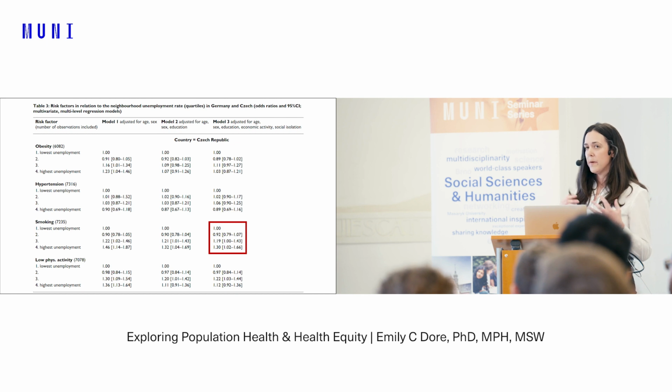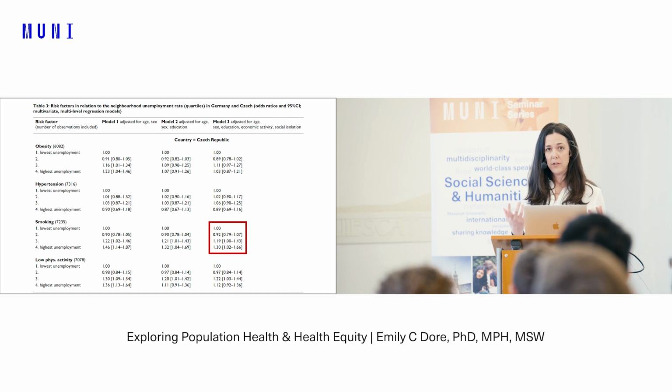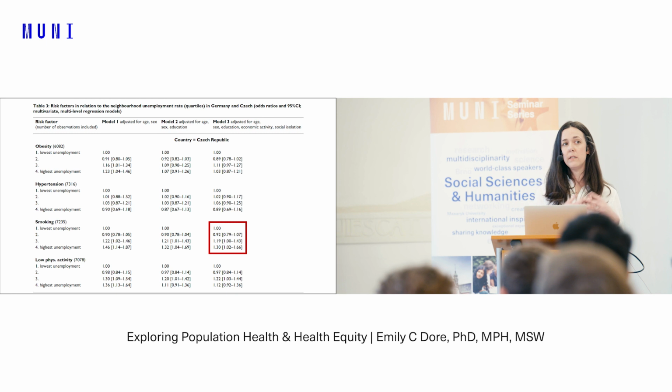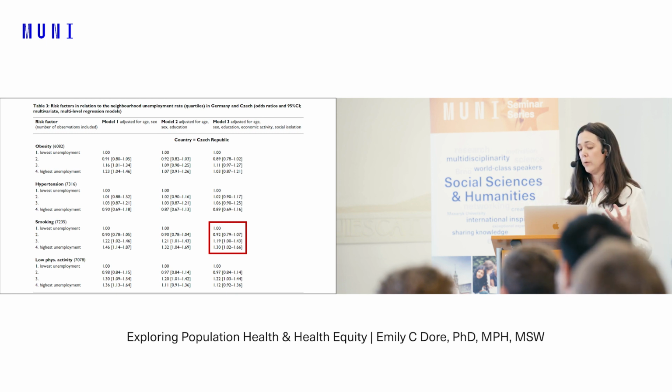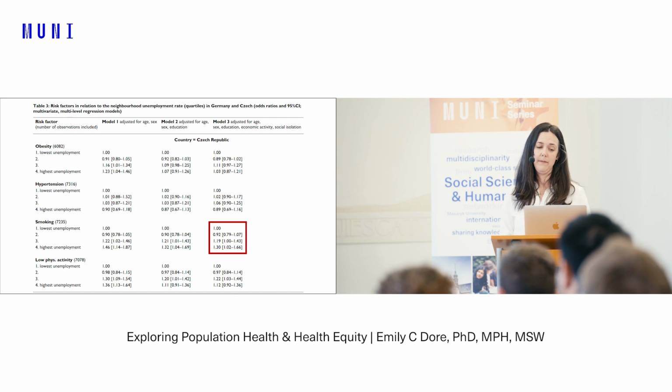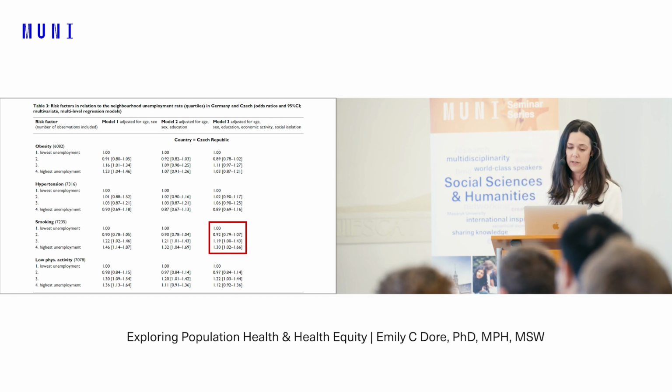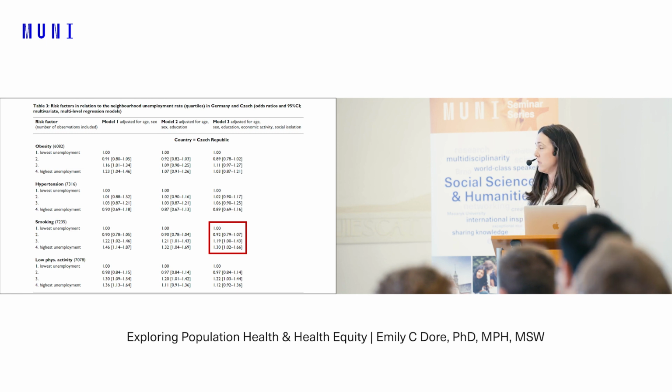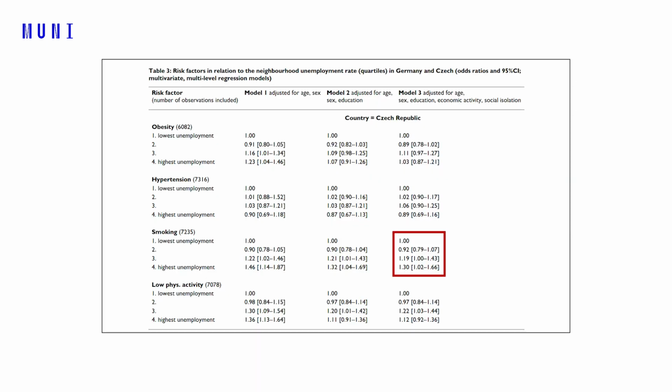So that's a structural situation. If you're living in those neighborhoods, you might have more exposure to opportunities to practice unhealthier behaviors than if you lived in a more advantaged neighborhood. And that is what this study found too, at least in regards to smoking. In this final column on the right, you can see on the bottom that they're measuring neighborhood advantage and disadvantage by unemployment rates.